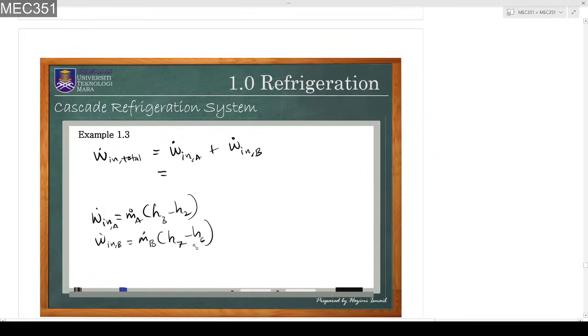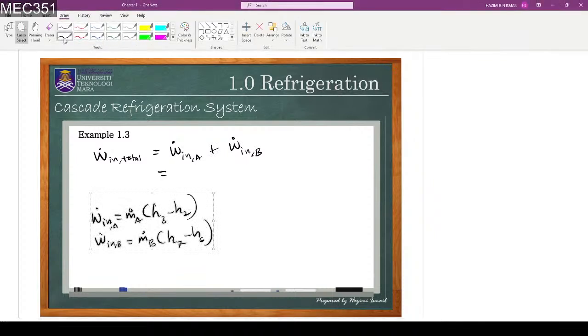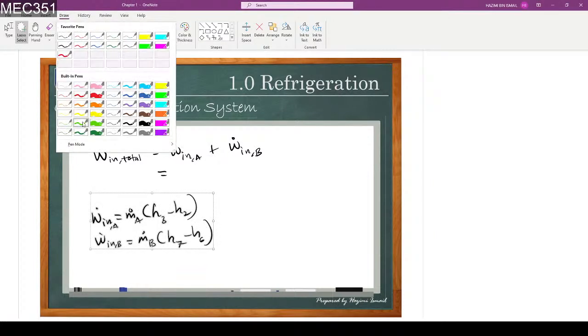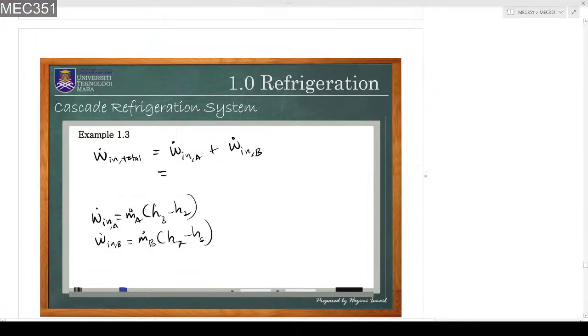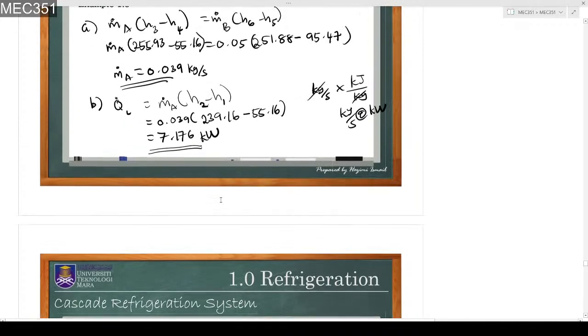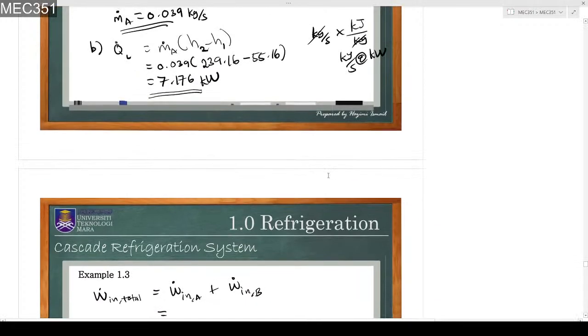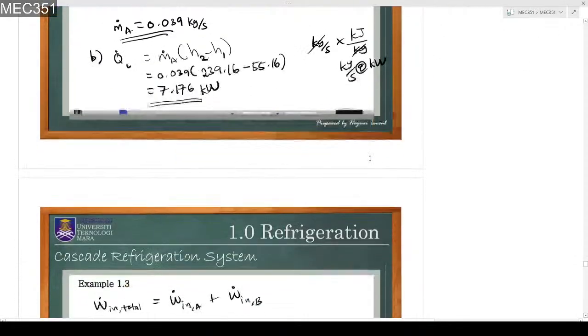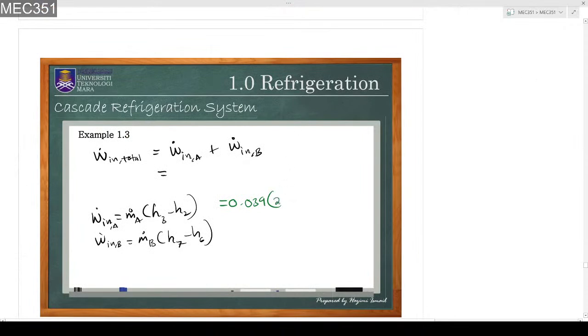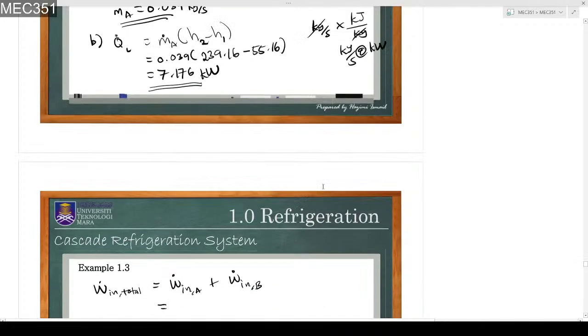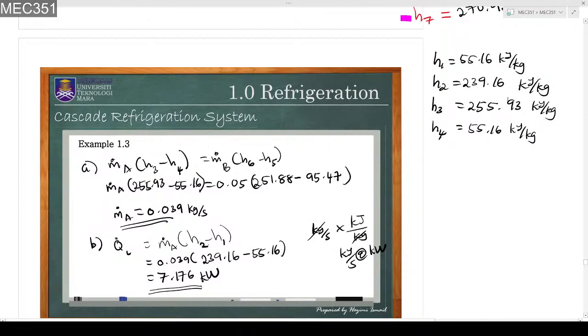Besar sikit. Okay. So, pakai warna hijau lah pula. Okay. So, M dot A tadi berapa nilai? 0.039. H3, tengok dalam list ni, 255.93. H2, 239.16.